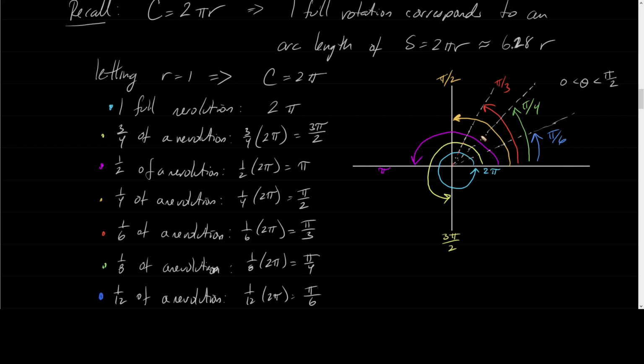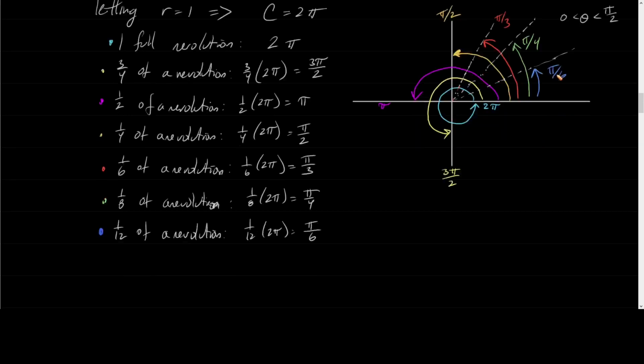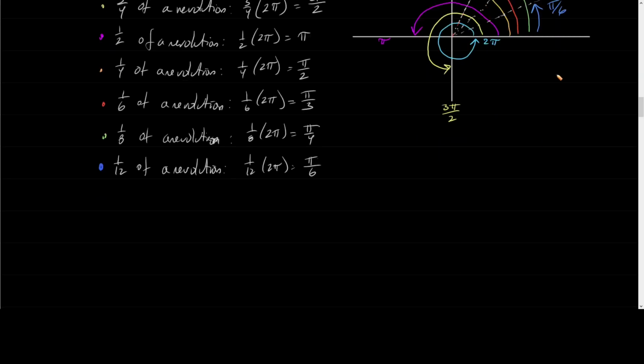But in between here, all of the angles are between 0 and pi over 2. This is where the acute angles exist, right? In fact, by definition, maybe I'll write it down here and then come back to that. By definition, an acute angle is an angle that's between 0 and pi over 2.